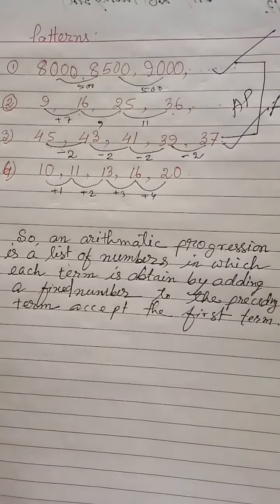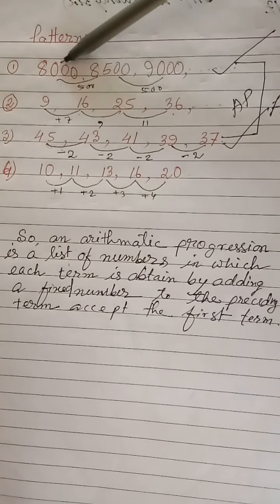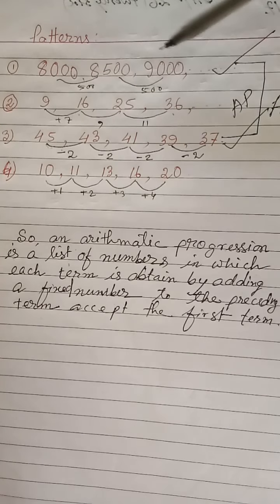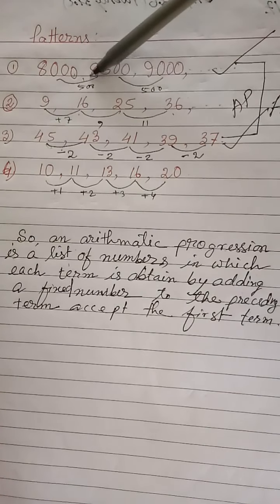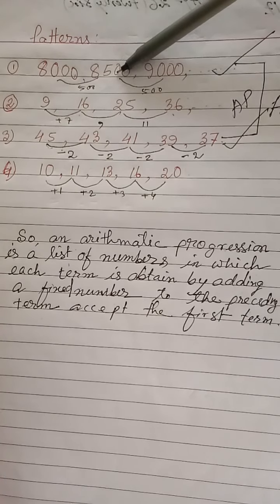So we can clearly say that an arithmetic progression is a list of numbers. You see this example, this is a list of numbers in which each term, these are the terms 8000, 8500, 9000, is obtained by adding a fixed number. Here we add a fixed number, that is 500, and get the next term.